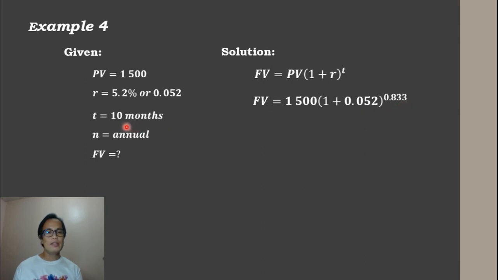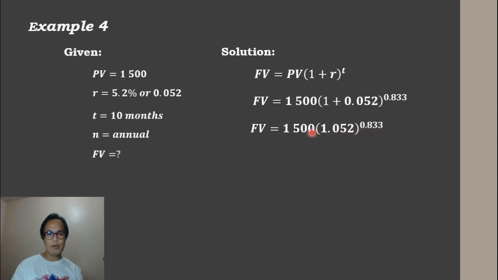We do not substitute the 10 in the formula because the T in the formula is in years, but our given here is in months. So we need to convert 10 months to years first before we substitute into the formula. So 10 divided by 12 is 0.833. So that gives us 1.052. Then we raise this number to 0.833.